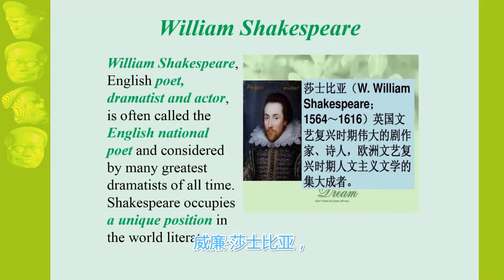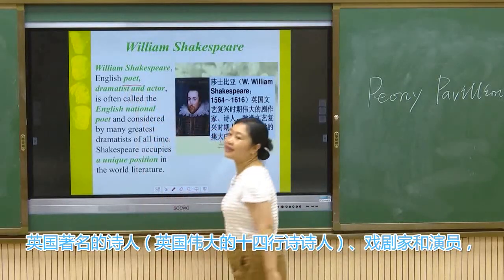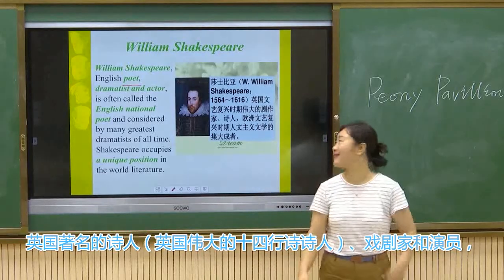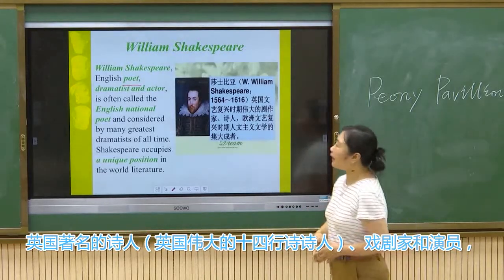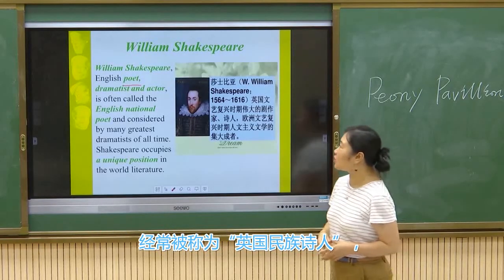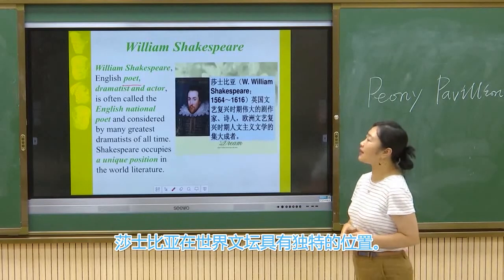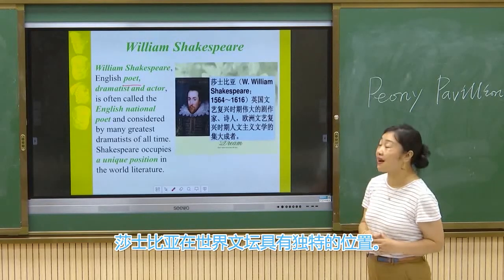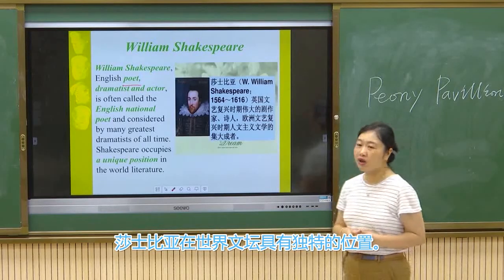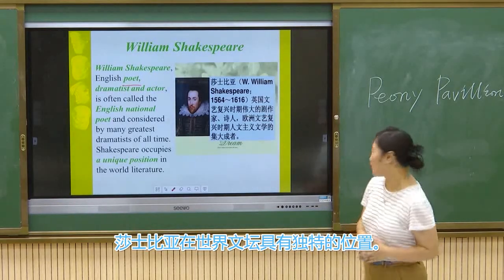William Shakespeare, English poet. He is a great poet of sonnets, dramatist, and an actor. He is often called the English national poet and considered by many the greatest dramatist of all time. Shakespeare occupies a unique position in world literature.